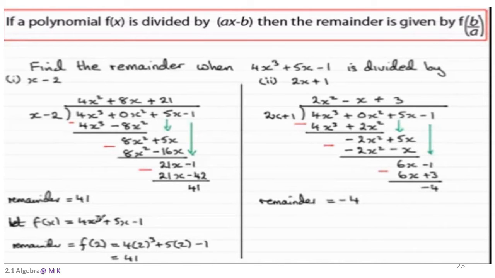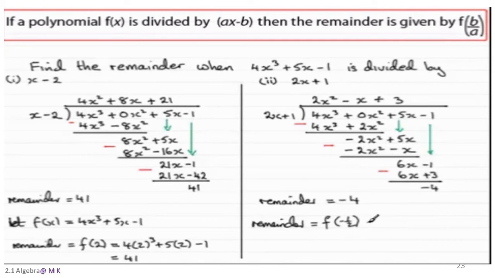But if we've got f of x defined, then the remainder is going to be very easy, because all we need to do is to take our expression 2x plus 1, think of it as equaling 0, so that would mean that 2x would equal minus 1, and then x would equal minus a half. So the remainder is given by f of minus a half.